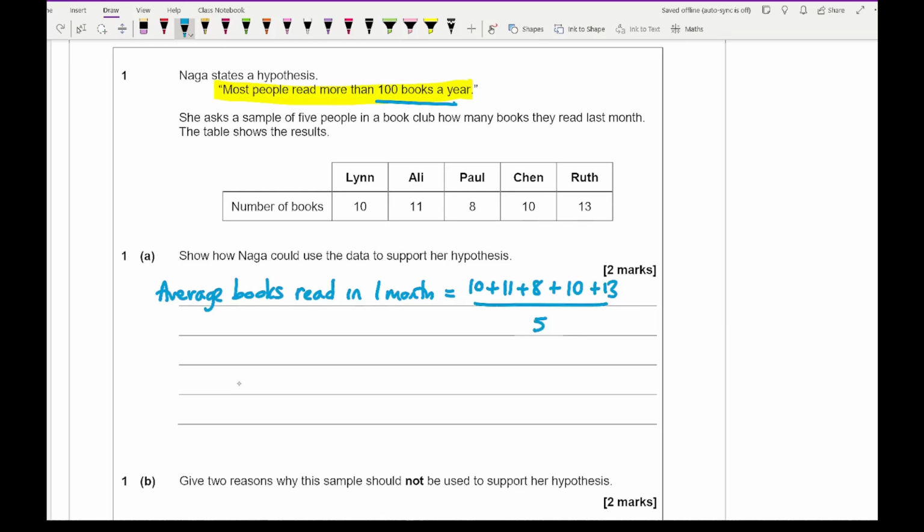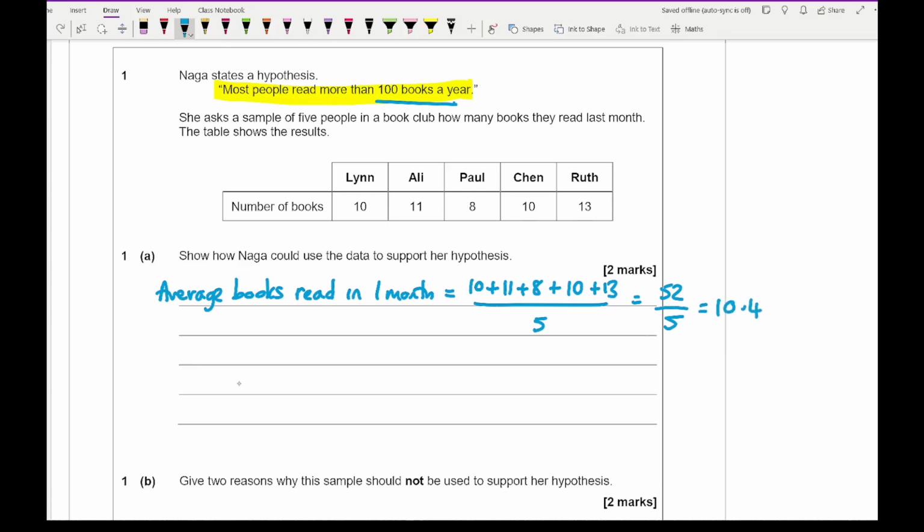If I type that into my calculator, I get 52, and 52 over 5 is 10.4.